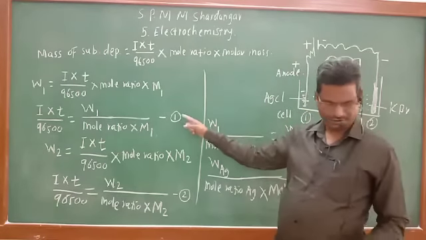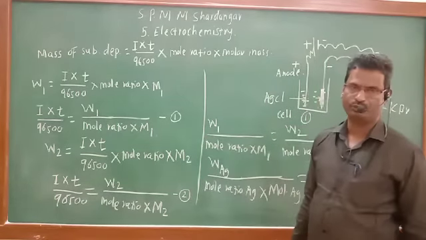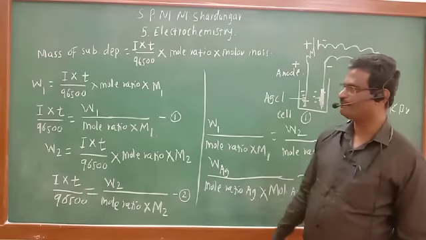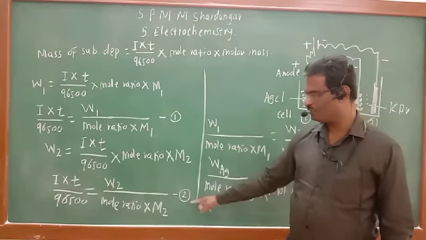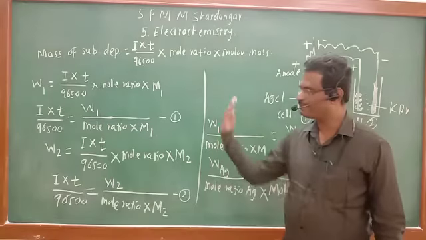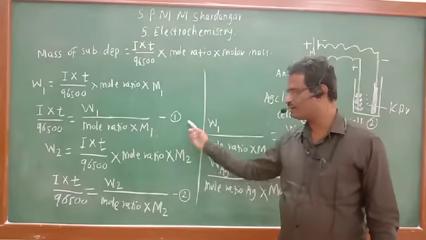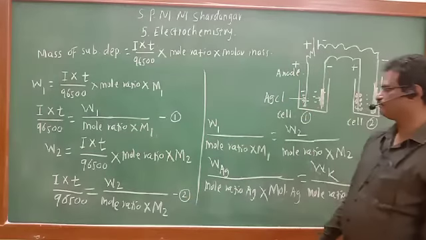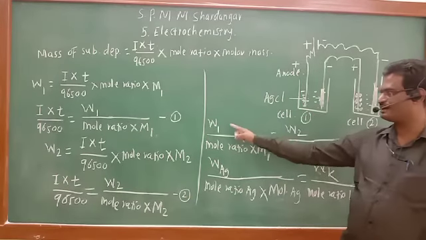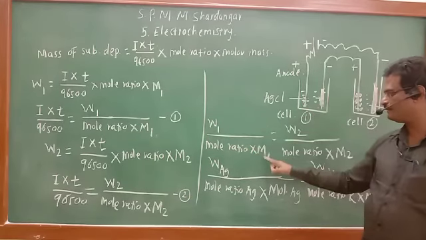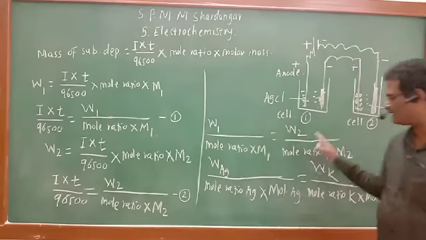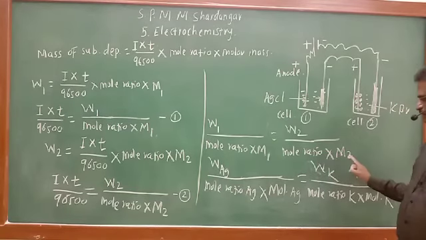If we compare equation 1 and equation 2, the left sides are the same, therefore their right sides are also the same. So equation 1 has right side W1 upon mole ratio into M1. Equation 2 has right side W2 upon mole ratio into M2.